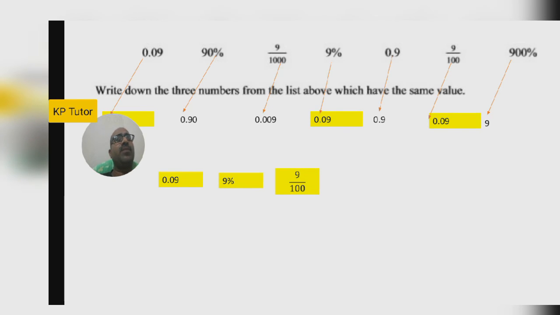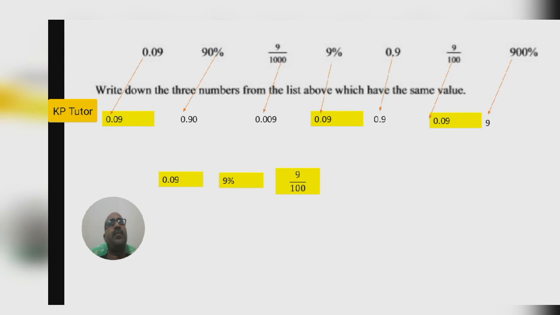First you can write the 3 numbers from the list above which have the same value. Which numbers have the same value? You have to convert, same as the procedure we did before, into decimals. So first is 0.09, same decimal place. 90% you can change, that means 0.90.